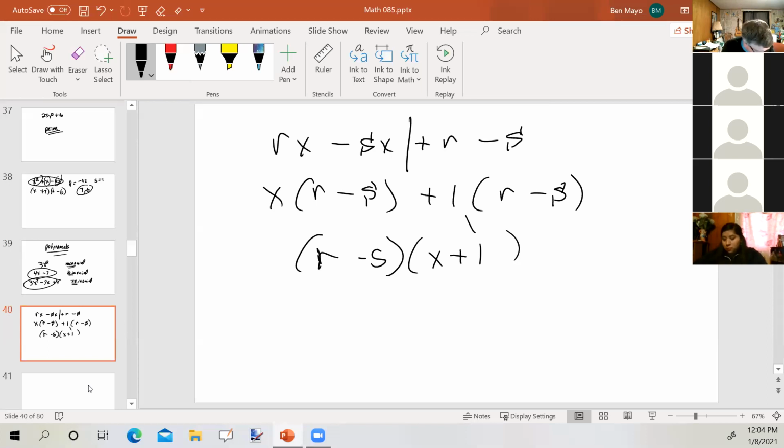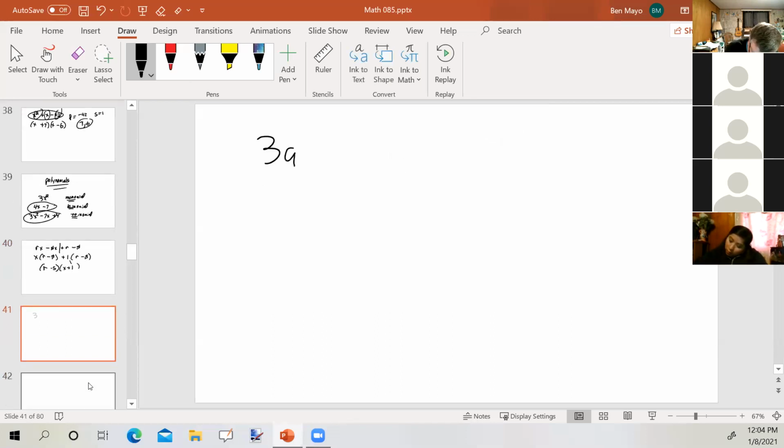Let's see here. How about this one? 3a squared minus 4a minus 4. So here we have a trinomial. It's in standard form, descending powers of a. There's no greatest common factor.